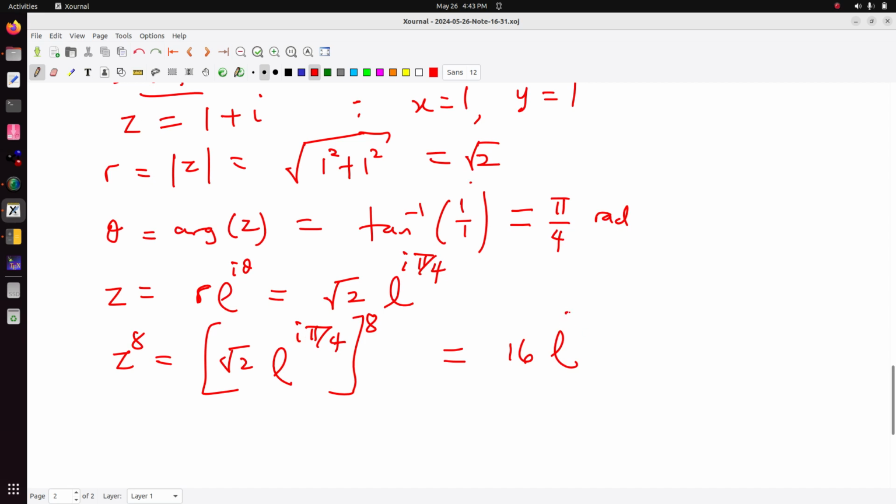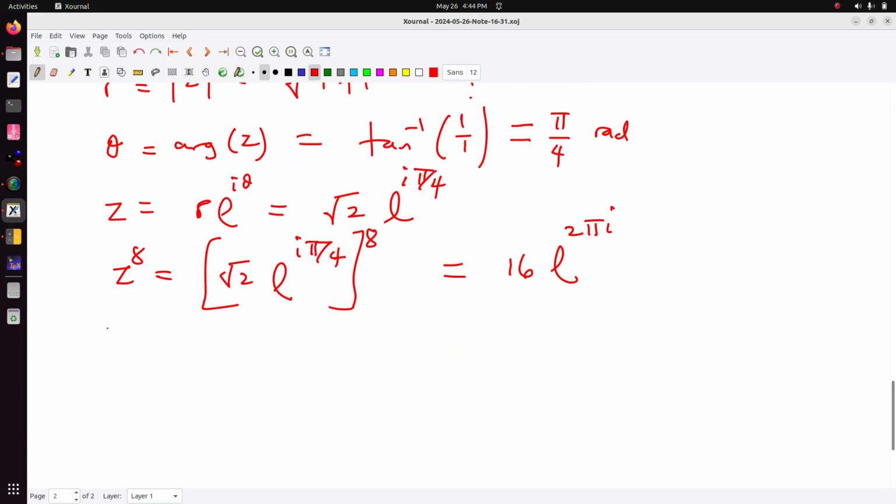So 4 in 8 is 2, so 2 pi i. So we have found that (1 + i) raised to the power 8 is 16 exponential 2 pi i.